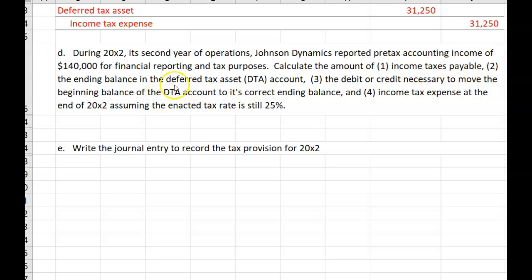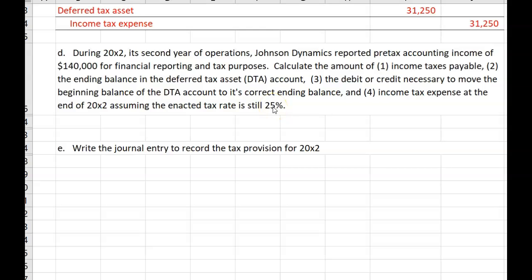The ending balance in the deferred tax asset account, 3. The debit or credit necessary to move the beginning balance of the deferred tax asset account to its correct ending balance, and 4. Income tax expense at the end of 20X2, assuming the enacted tax rate is still 25%.